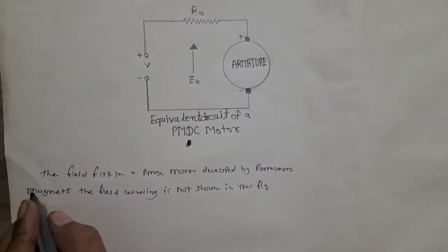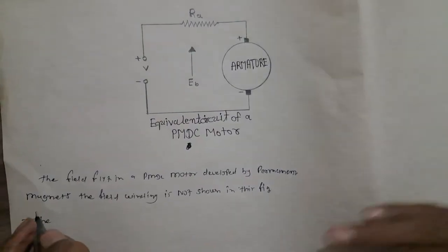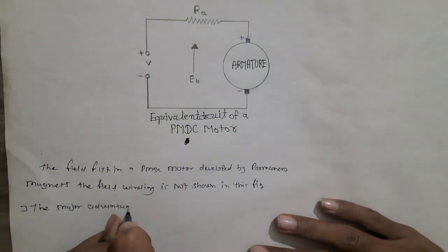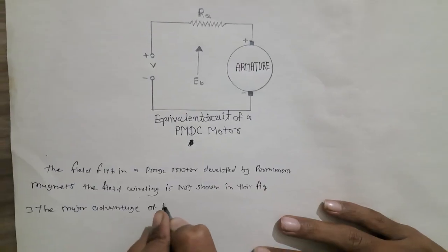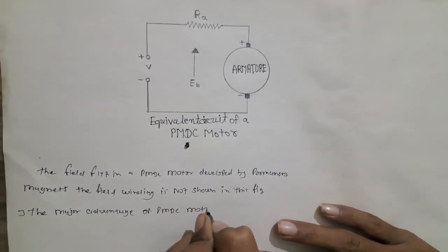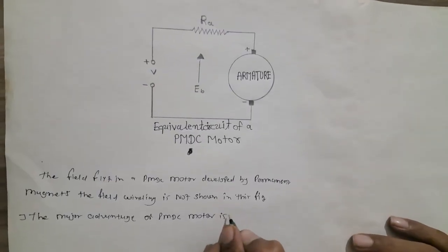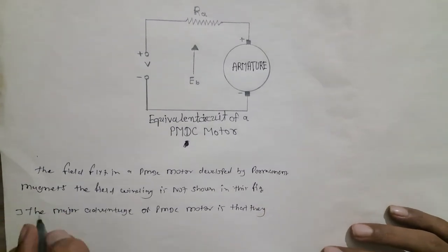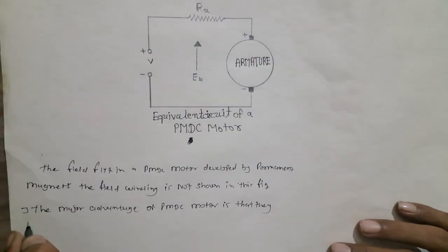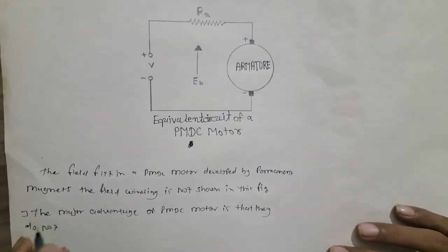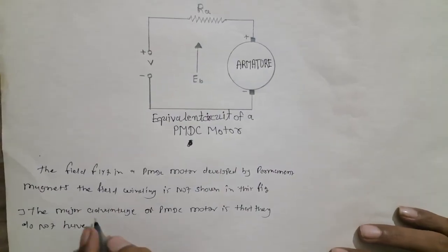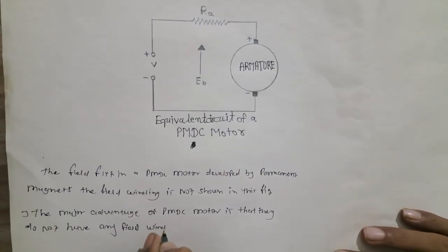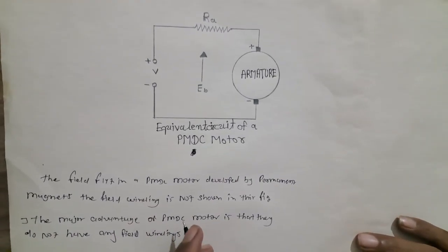The major advantage of a PMDC motor is that it does not have any field windings, so it requires no excitation current.